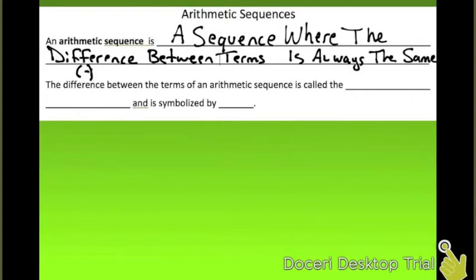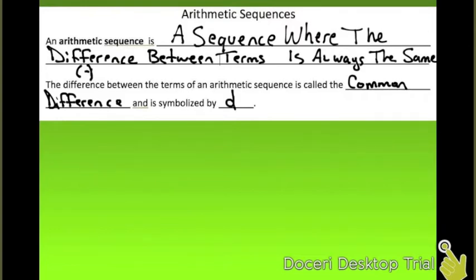The difference between these terms of an arithmetic sequence is called the common difference, and it's symbolized with a lowercase d.